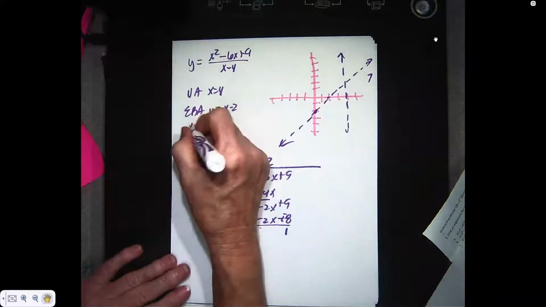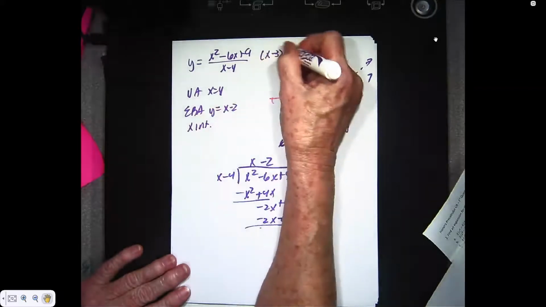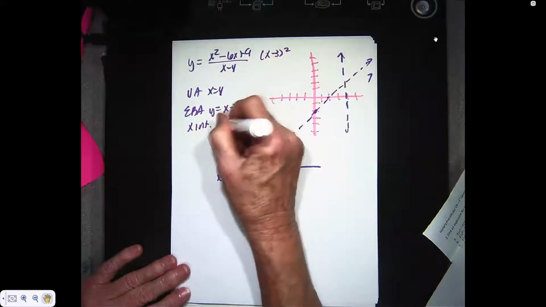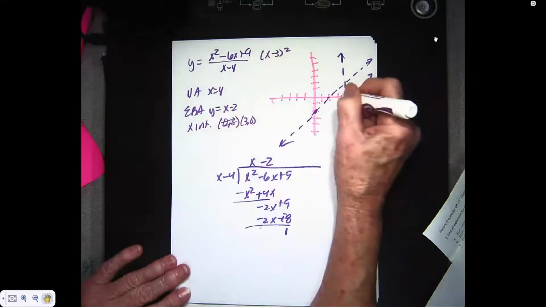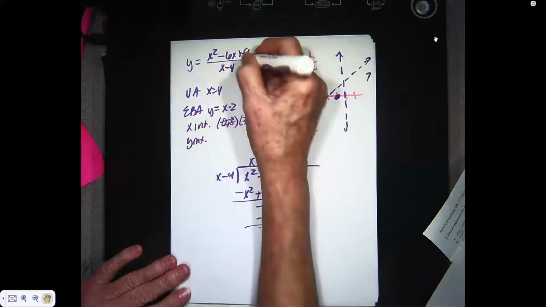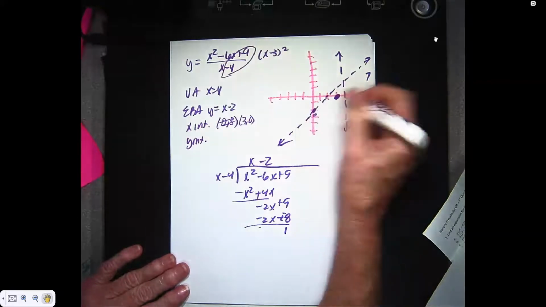Okay, my x-intercept. So factor x minus 3 squared. So (3, 0). My y-intercept is here, -9 over 4, so that's right there.